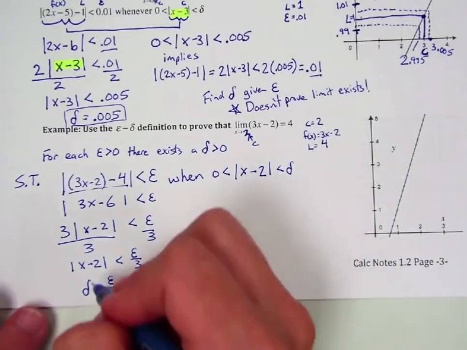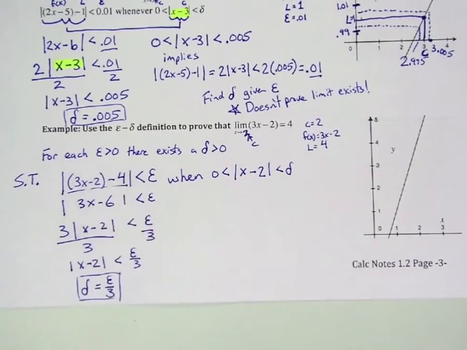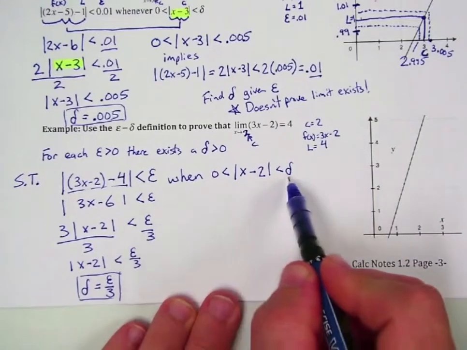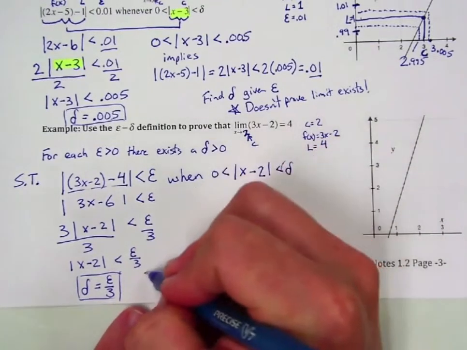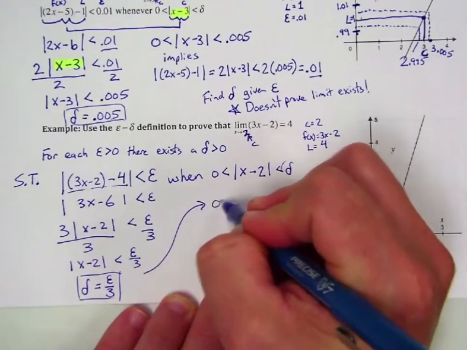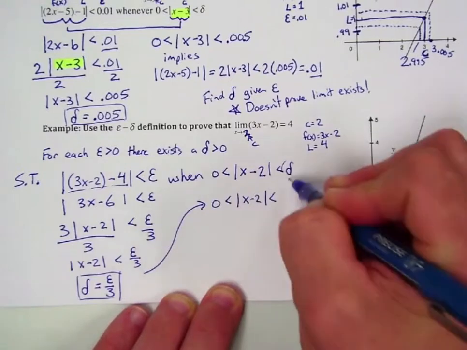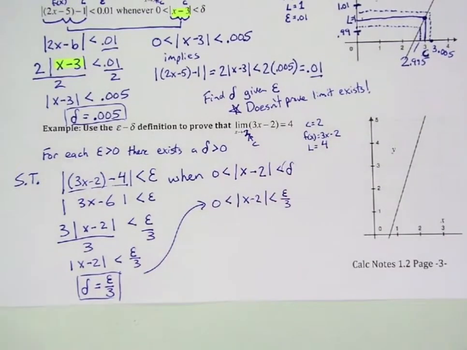Okay, now that was just our first step in finding our delta. Now we're actually going to prove that it works for each epsilon greater than 0. So this is where we just rewrite this statement replacing our delta. Okay. So we write 0 is less than the absolute value of x minus 2, less than, replace our delta with epsilon over 3. And now we kind of work in reverse.